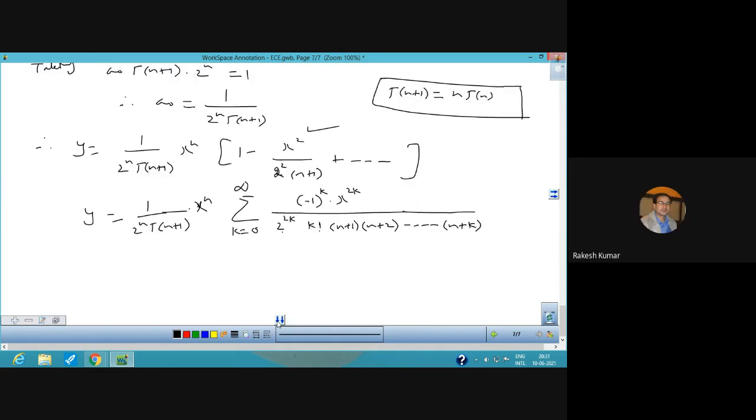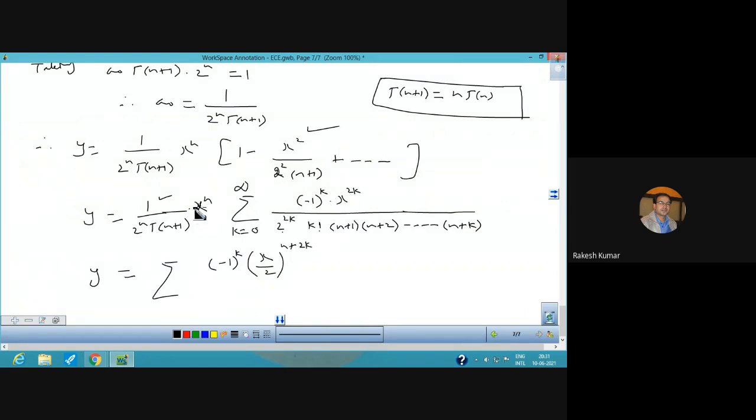So this is the solution which we are getting, and it can be combined with this term. So you will have summation of minus 1 raised to power k, x over 2 raised to power n plus 2k.